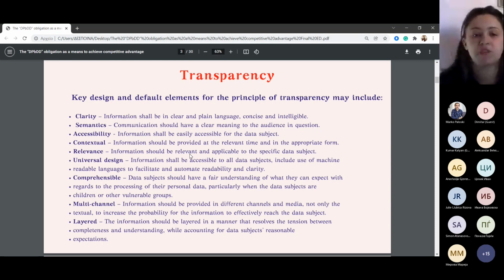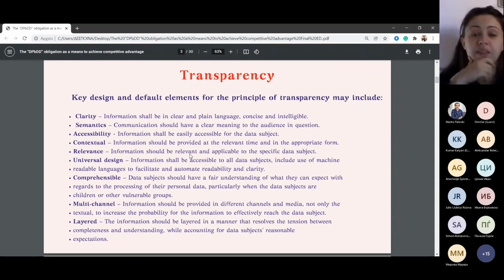Contextual, information should be provided at the relevant time and in the appropriate form. Relevance, that means information should be relevant and applicable to the specific data subject. Universal design, that means that information shall be accessible to all data subjects, including use of machine-readable languages to facilitate and automate readability and clarity.